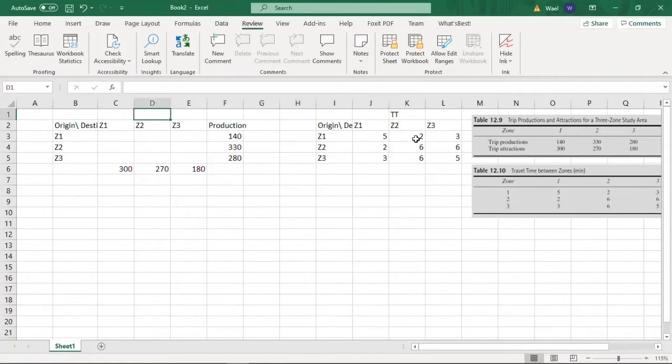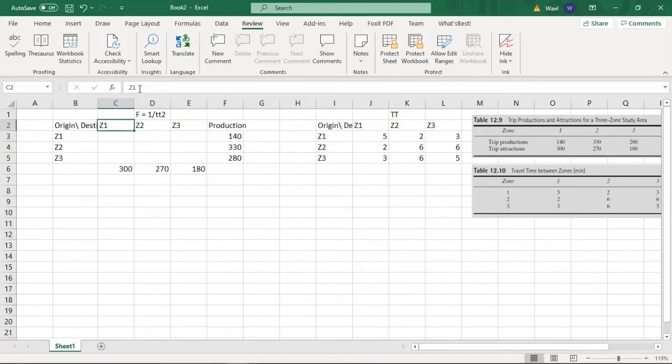Based on this, we can calculate the friction. We're going to take the friction as 1 over travel time squared. So here, F equals 1 over TT squared.